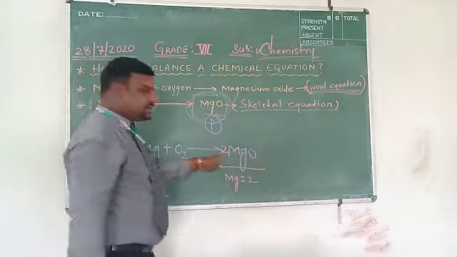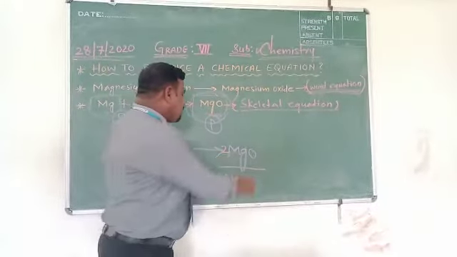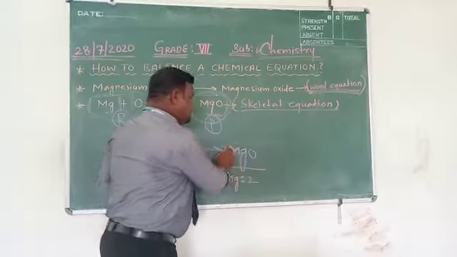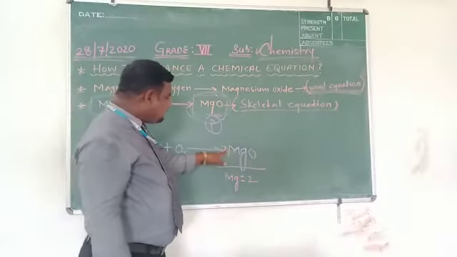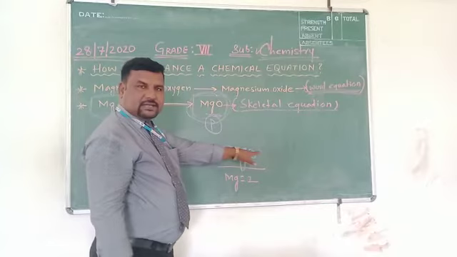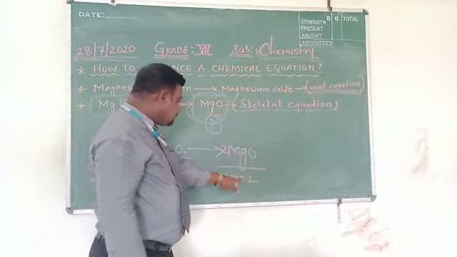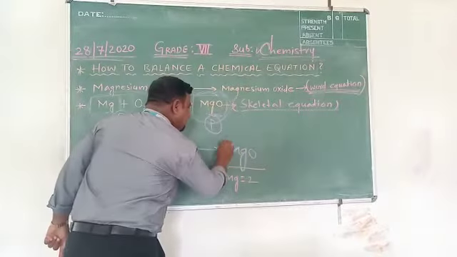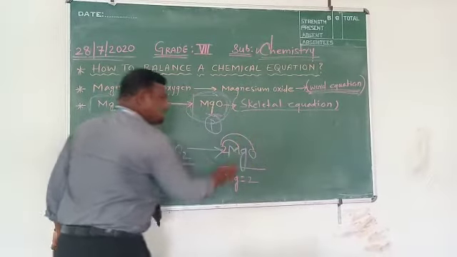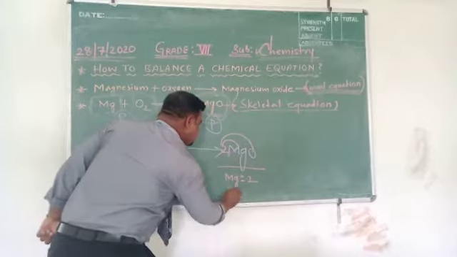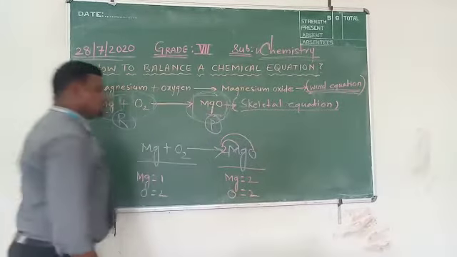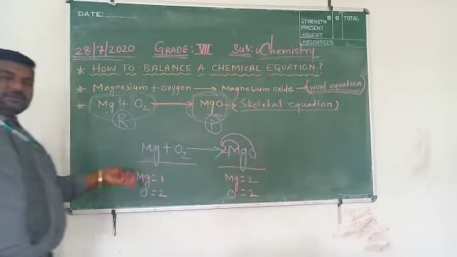This coefficient 2 is written before the formula of magnesium oxide, so this coefficient is applicable for magnesium as well as oxygen. So we consider the number of atoms of magnesium as 2, and we can say oxygen atoms are also 2. Now is it balanced? No.